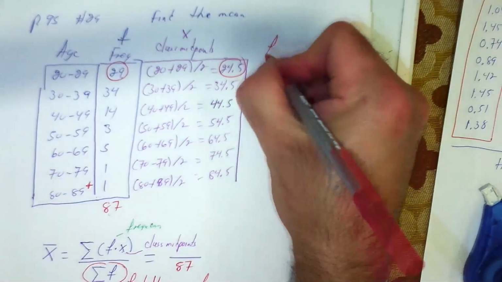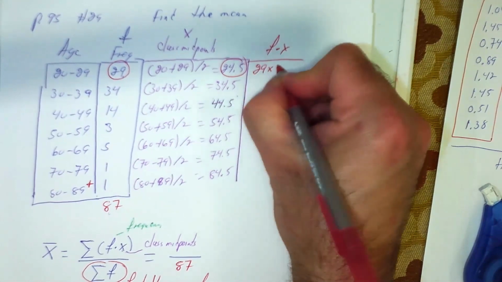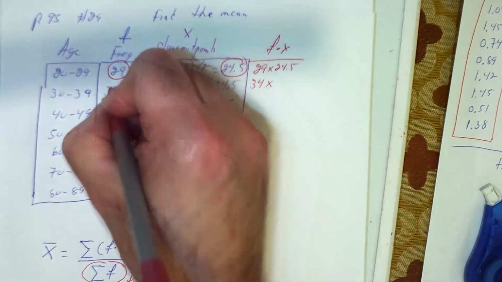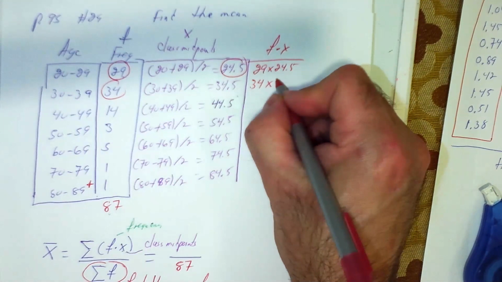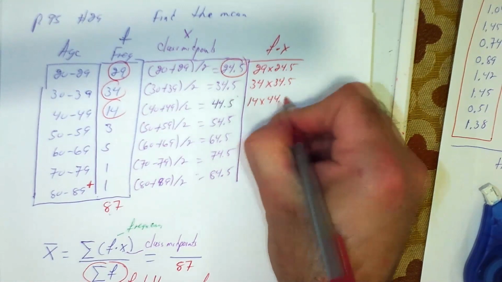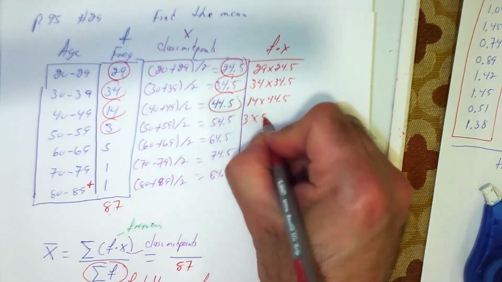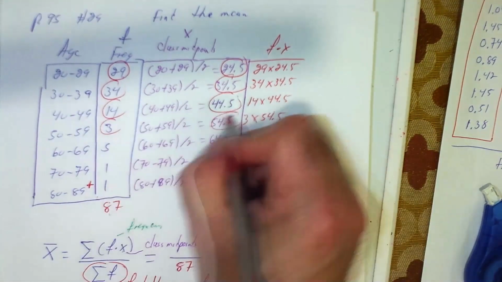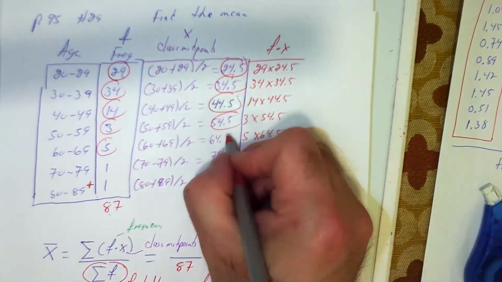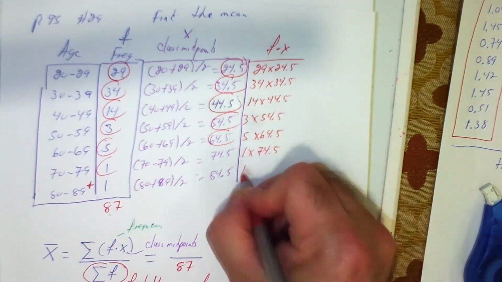F times X. So I'm going to multiply 29 times 24.5, 34 times 34.5, 14 times 44.5, 3 times 54.5, 5 times 64.5, 1 times 74.5, and 1 times 84.5.